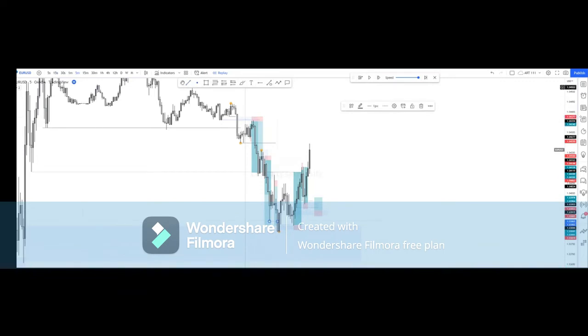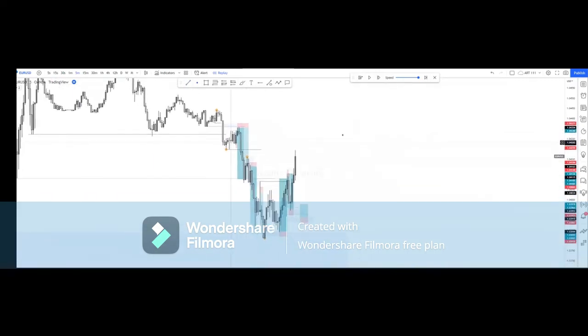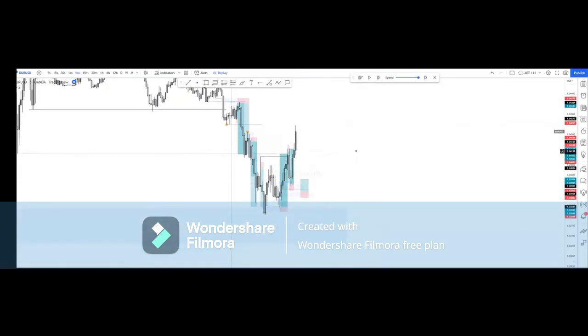Check out liquidity and broke structure of the bigger range. So that is a break of structure right here. So after we break this high, after external is taken, then the internal liquidity. So I'm gonna still leave this long here because that makes sense to me, right?